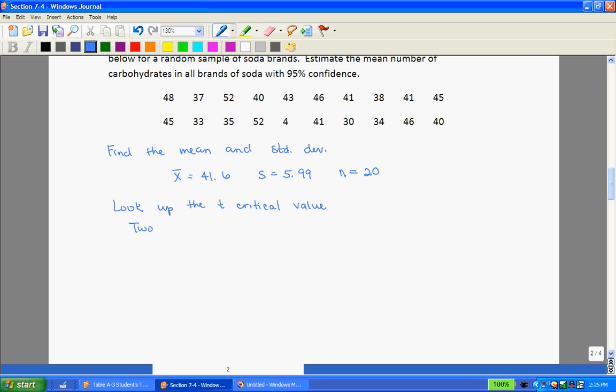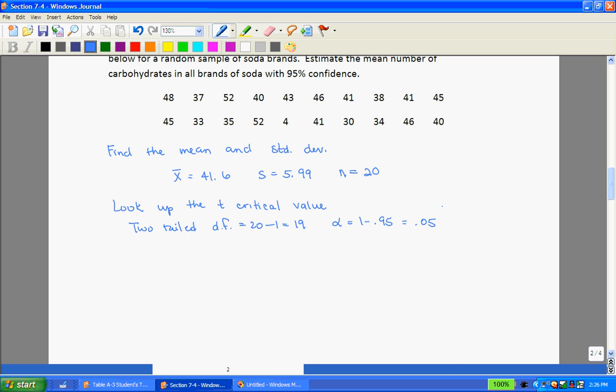So we're going to do two-tailed with degrees of freedom. Remember, that's one smaller than the size of the sample, so that would be 20 minus 1, or 19. And alpha comes from the confidence level, so that's 1 minus 0.95 that they told us, or 0.05.